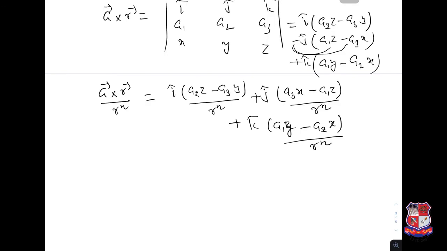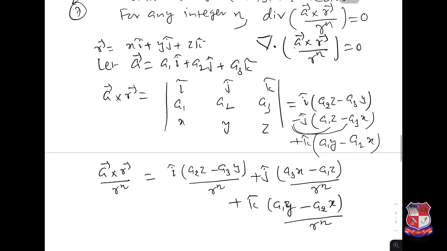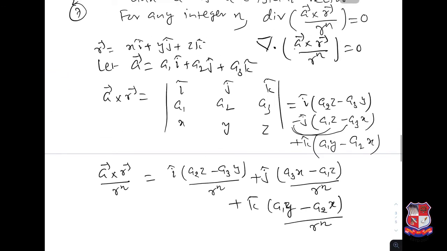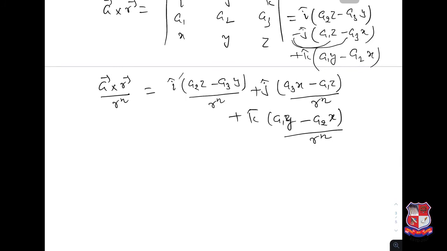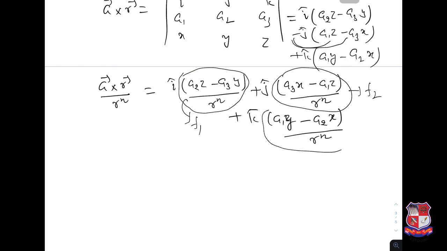So this is our A cross R upon R power n. Now we want its divergence. So this is our first component, say F1. This one is our second component, say F2. And this one is the third component, say F3.